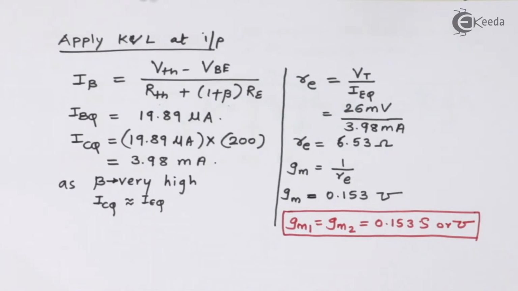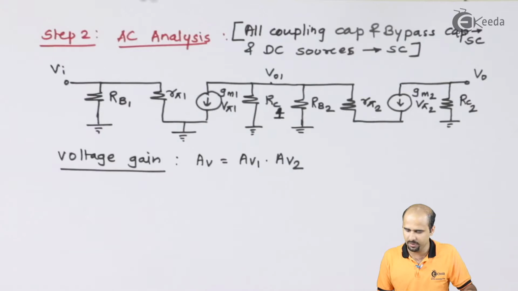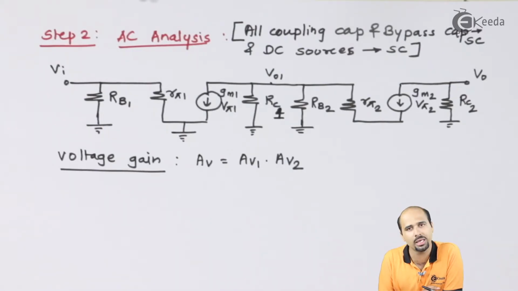Let's move one step ahead to the AC analysis, that is the mid frequency voltage gain. When we are going for the AC analysis, we have to keep in mind that we have to short all the coupling and bypass capacitors, and moreover you have to short all the DC sources, right? So all the DC sources are connected to ground.